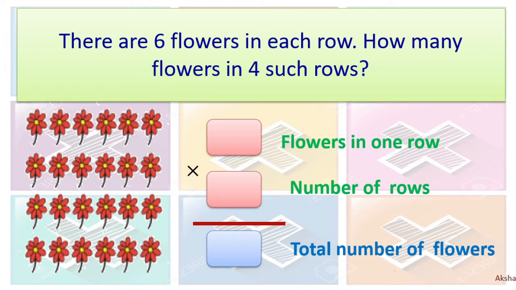Now you know that in one row how many flowers are there? 6. Very good. And how many rows are there? 4. So again here we are going to use the table for 6. That is 6 fours are 24. Yes, altogether 24 flowers are there, isn't it?